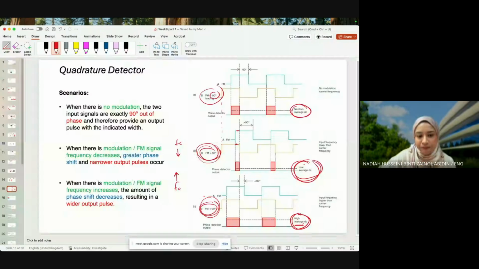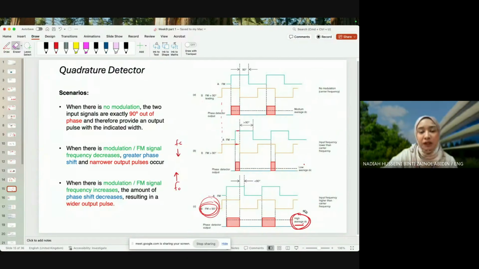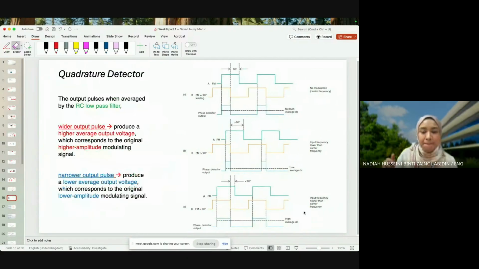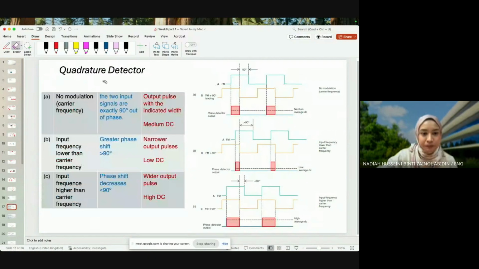Okay, so I'll leave it to you on how you want to memorize this. But I want you to understand that the phase detector ultimately compares the two and produces a phase difference, and from the phase difference, the LPF gives you the voltage. So this is the summary.